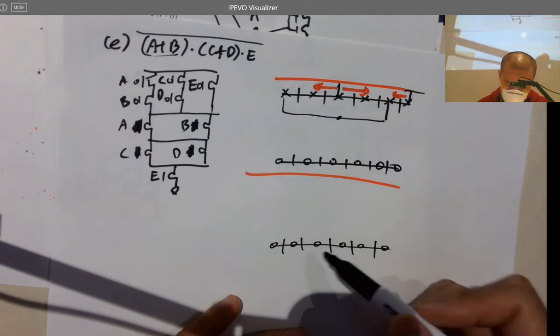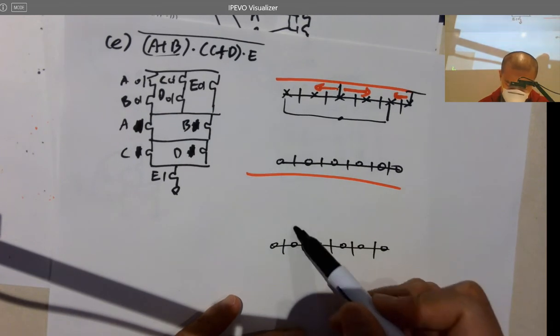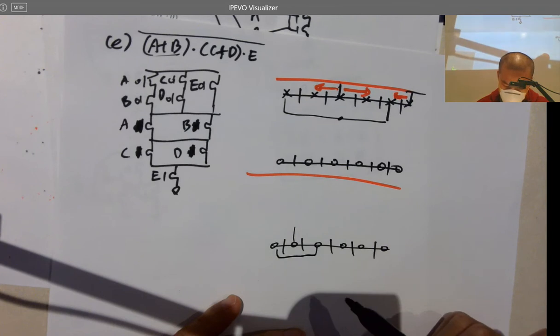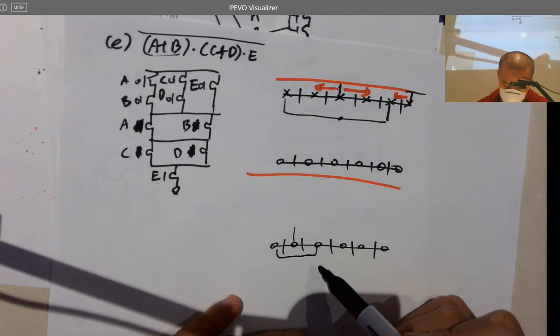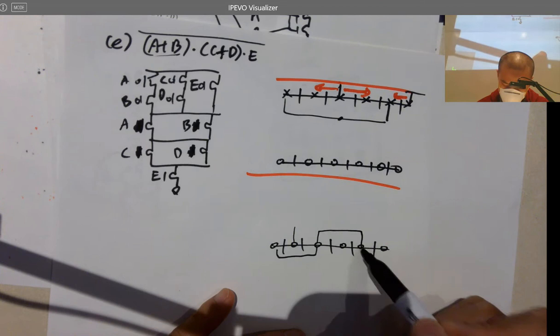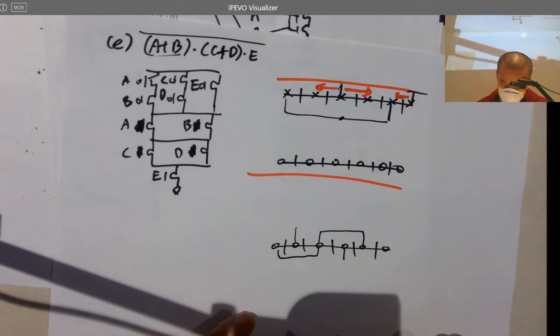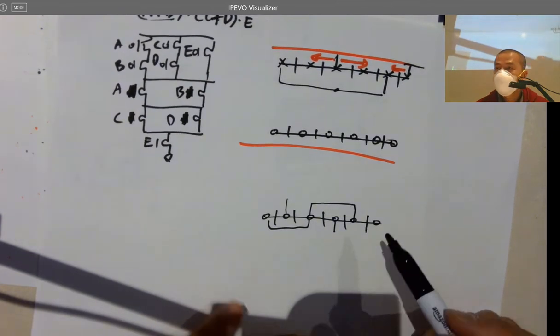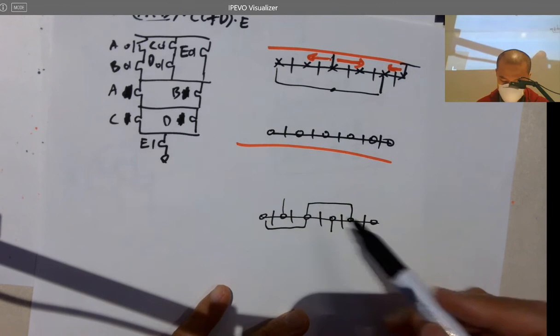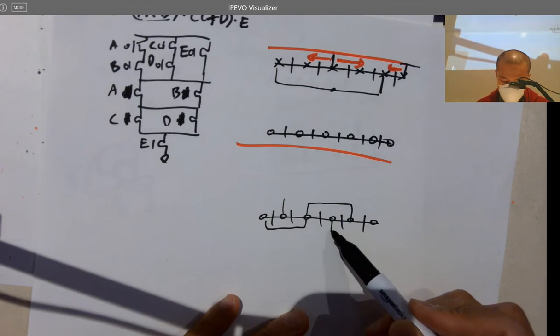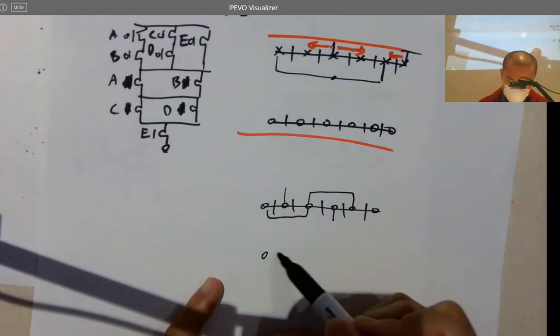So two in parallel, so I can do this, and then two in parallel again. And then it doesn't work, because this one, which is E, is not being shorted to here. I have to change the strategy, right?